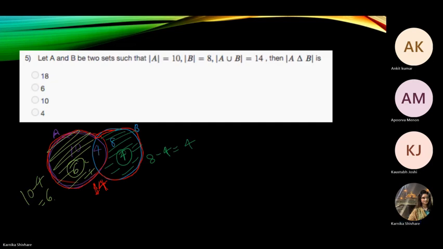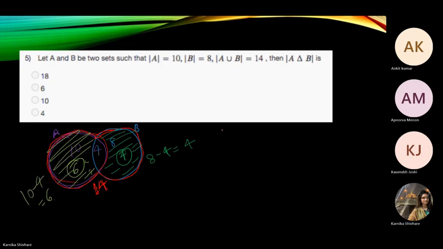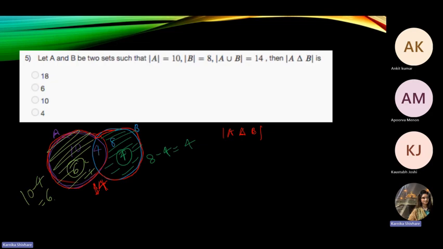Then A disjoint B, how many elements are there in this one? This is equal to A minus B union B minus A. And we have to take the count of both of them.